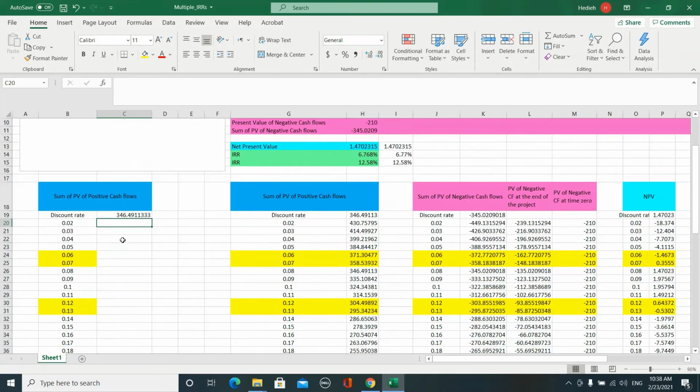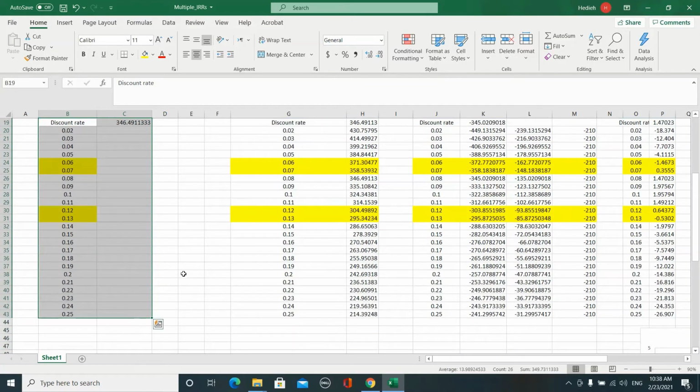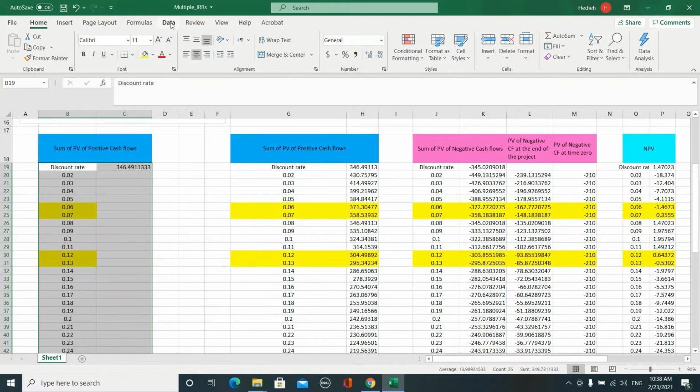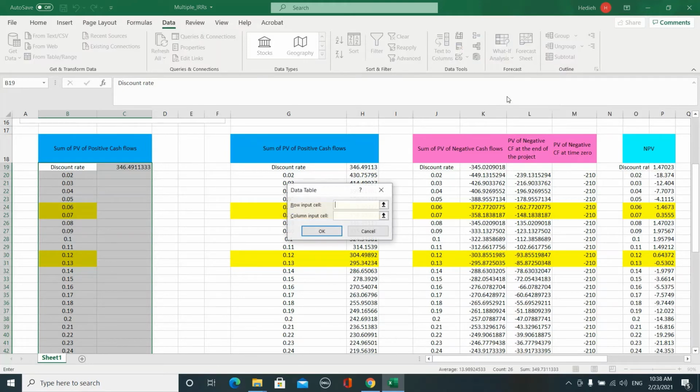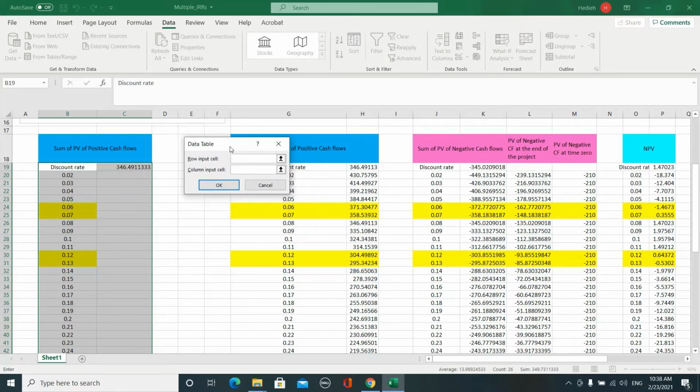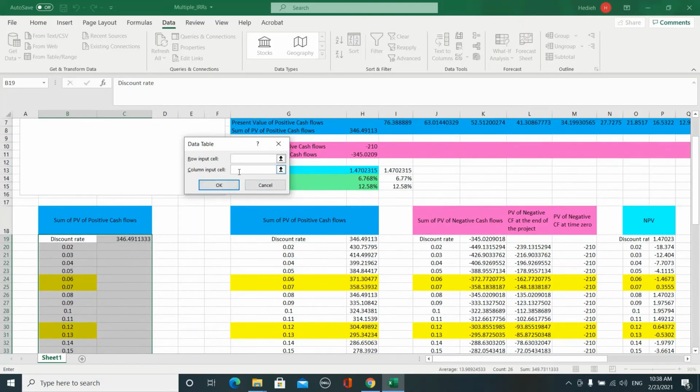And I click enter. Then I choose the area or the cells that are going to make my data table, and I go to the Data tab. Then I go to What-If Analysis, and I choose Data Table. In this window, you should choose the cell that you want Excel to change in order to fill this empty column in your table.